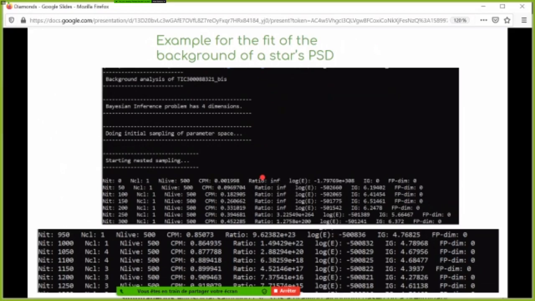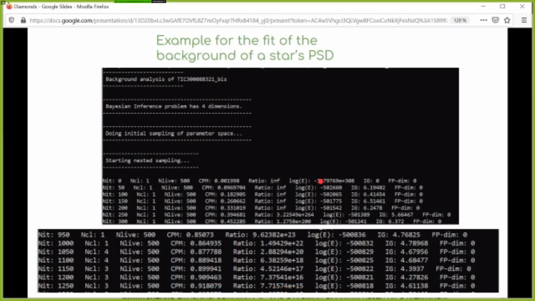When this number reaches the value of the termination factor given as an input, the computation will end and the result will be generated. Here we have log E and IG, which are the natural logarithm of the cumulated Bayesian evidence and the information gained from the previous iteration.